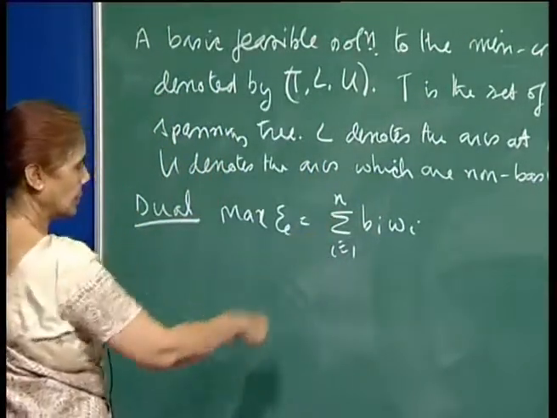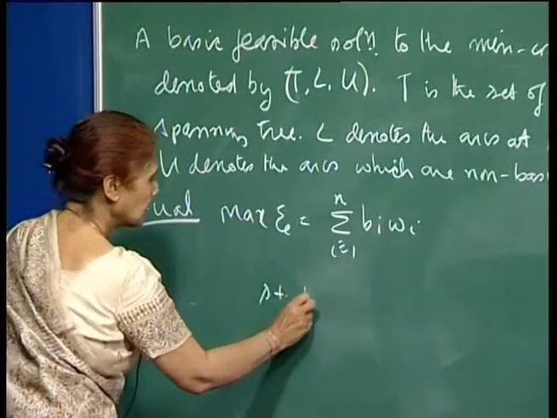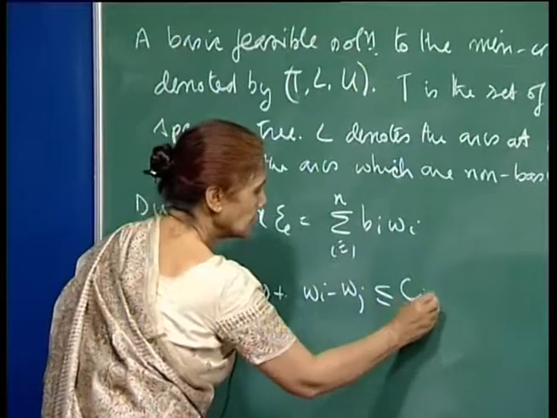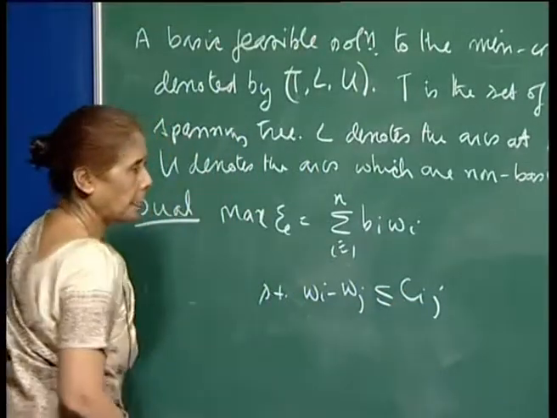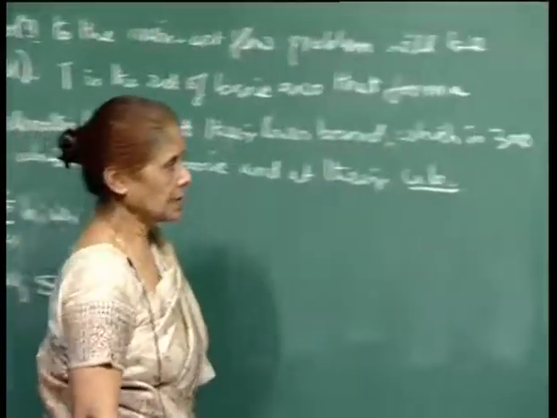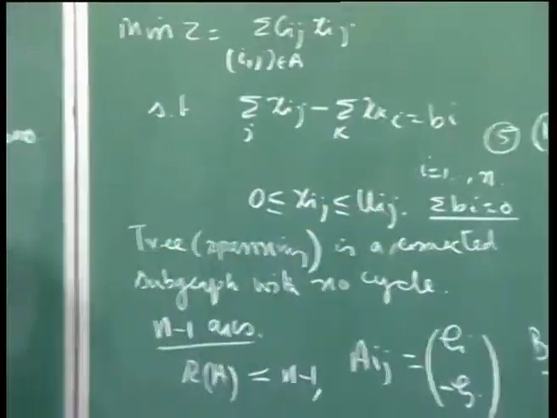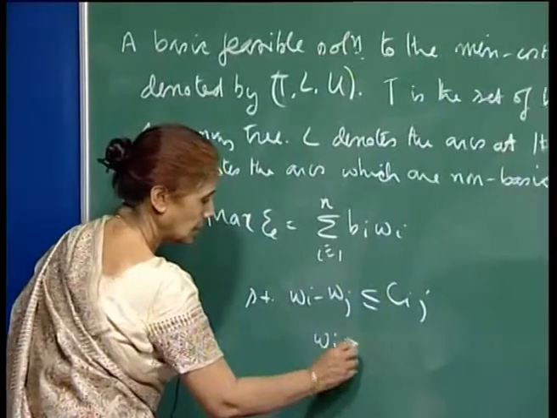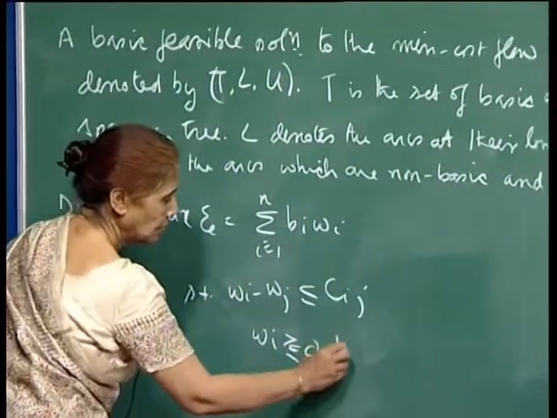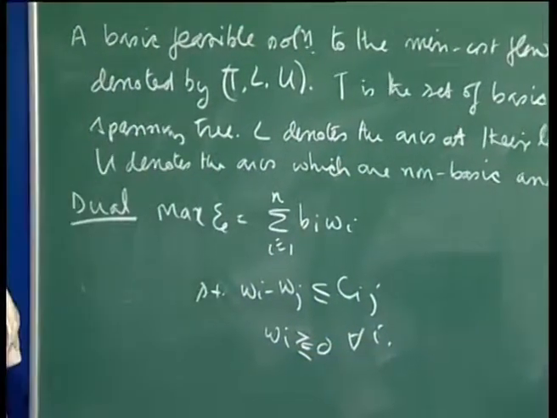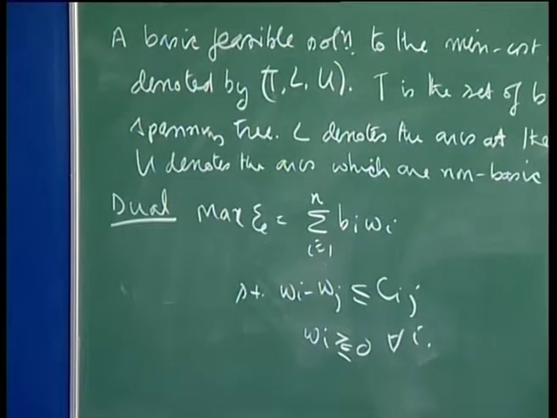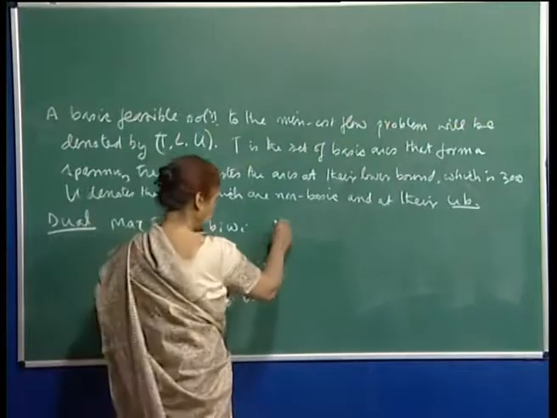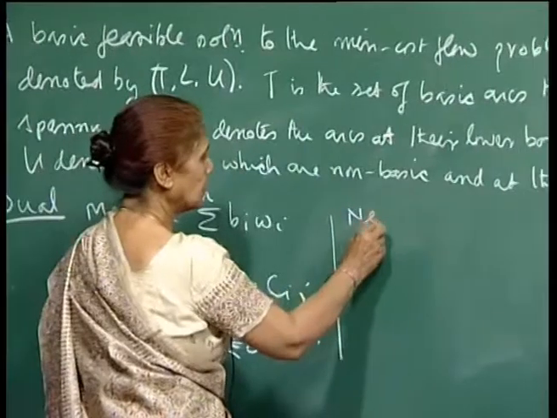Yes, n nodes. So, you have this subject to wi minus wj less than or equal to cij, and I am not explicitly considering these constraints. Okay. So, this is your dual problem.